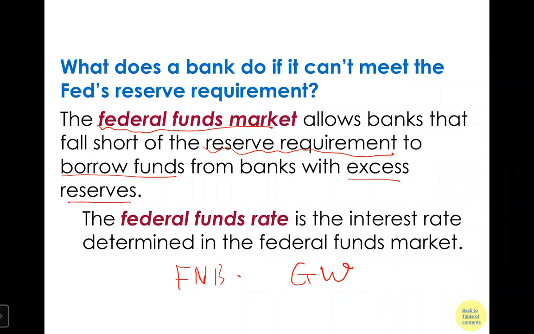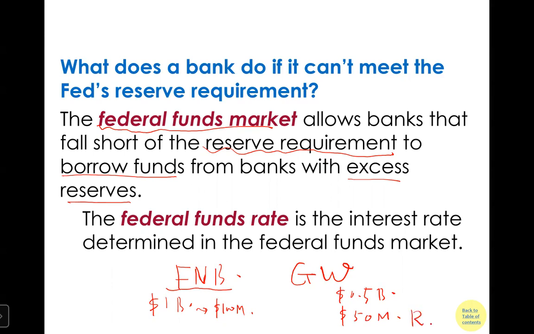So suppose First National Bank has, for example, 1 billion of deposits, and they are supposed to have 100 million of reserves. And Great Western has 500 million of deposits, so they need to have 50 million of reserves, right? So they have 50 million of reserves.